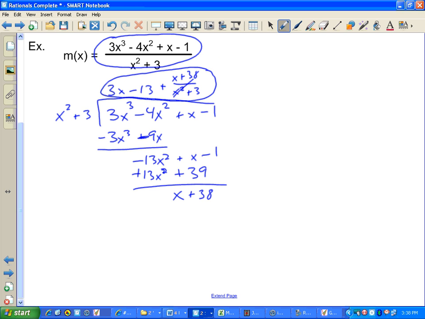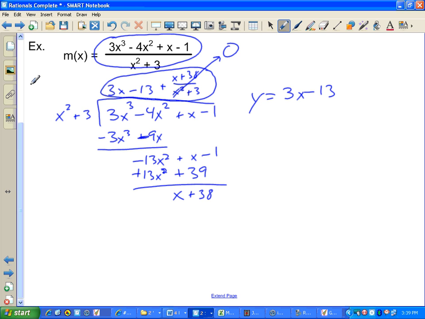If you remember, this goes to 0 as x gets large. So I can treat that as a 0, and what I'm left with, y equals 3x minus 13, is the equation of my slant asymptote.